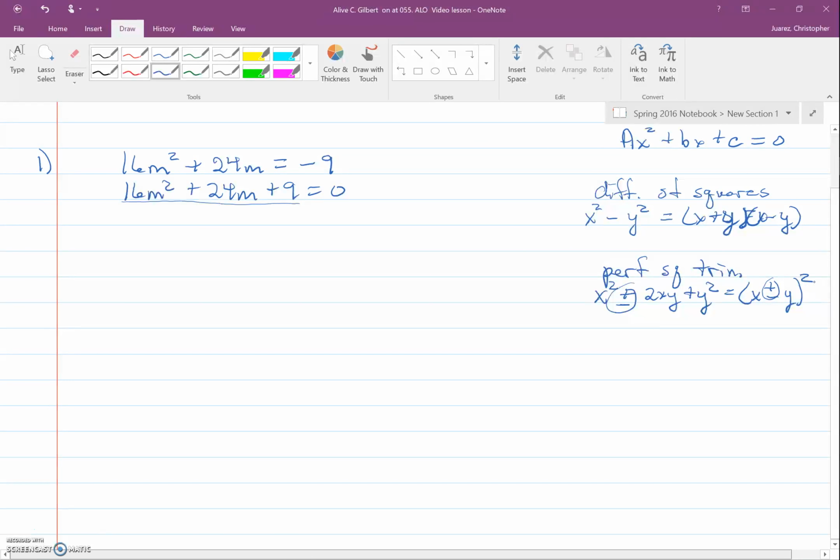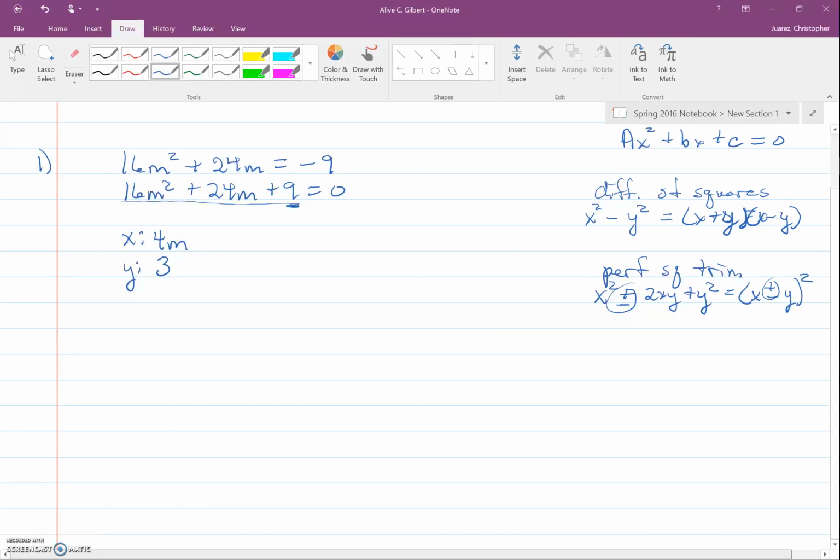Okay? So, if this is a perfect square trinomial, what is the square root of 16m squared? Well, that would be 4m. And the square root then of the 9, that's the other one I have to look at. Well, the square root of 9 is 3.